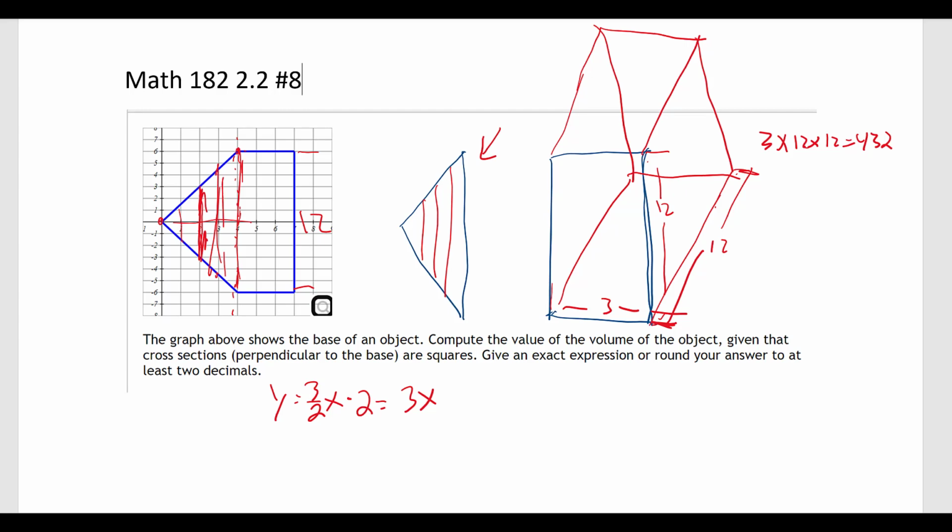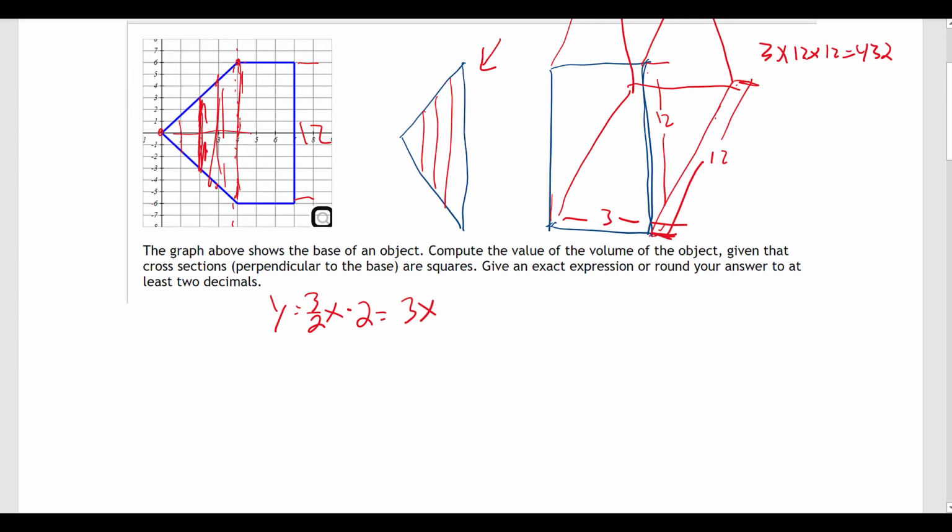So when I'm looking at this, this cross part is 3x. But now I need the upper part, the height. Well, the height's the same as the cross because it's a square. So it's also going to be 3x for any given square.